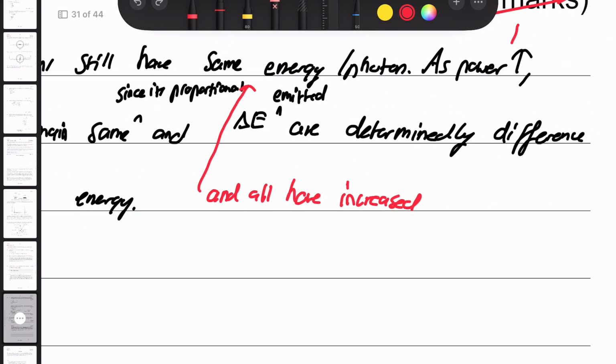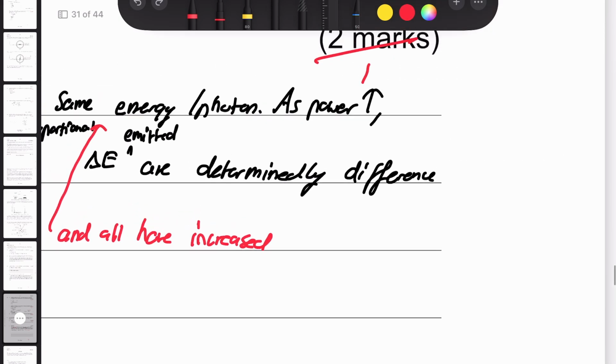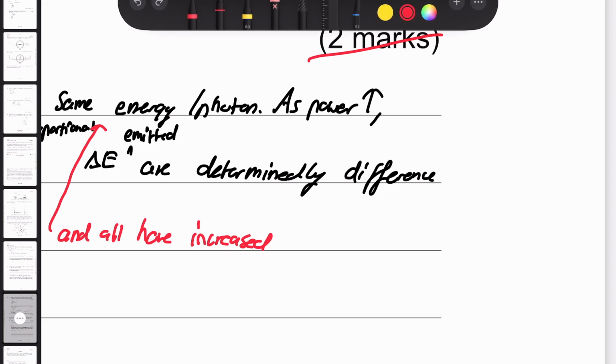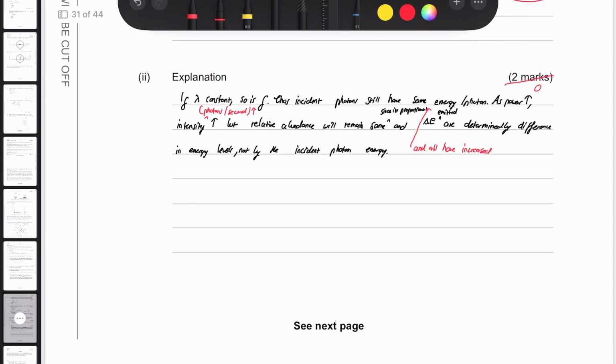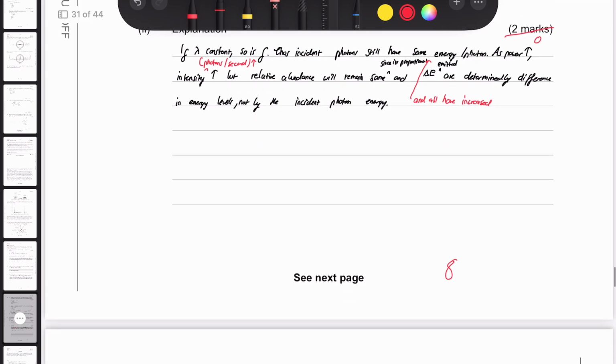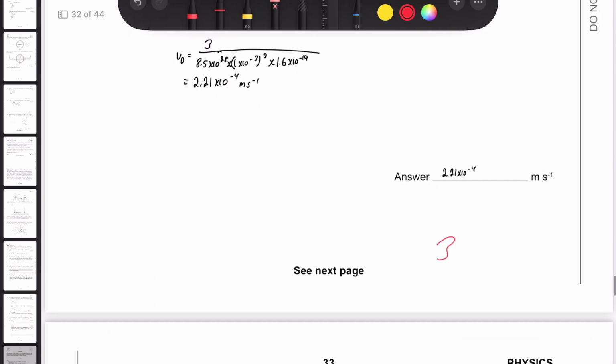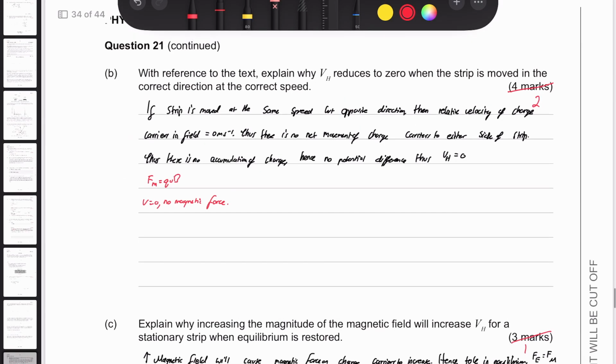Yeah, okay, I guess I didn't say they all have increased. So I'll put 0. Knock a mark off there. So then this becomes 8. I'll fix that in a second. We would get 90.3%. And then down here I think we lost most of our marks in this section.